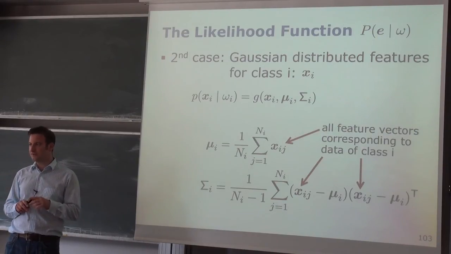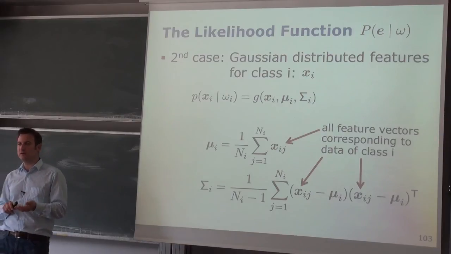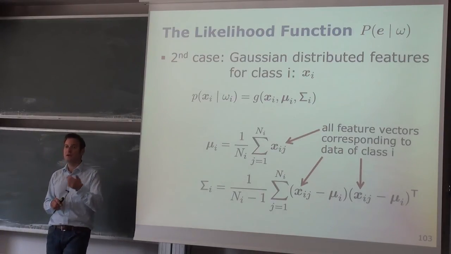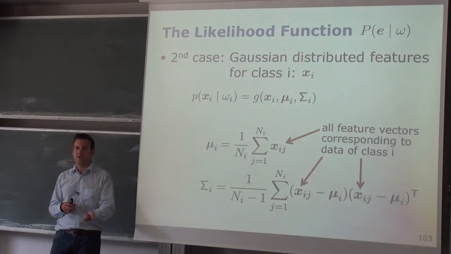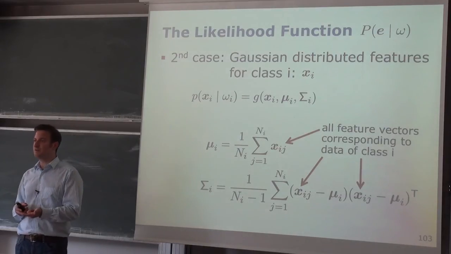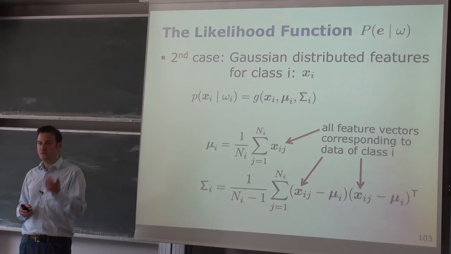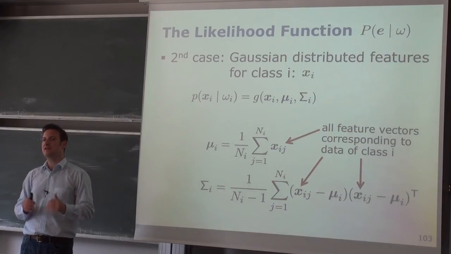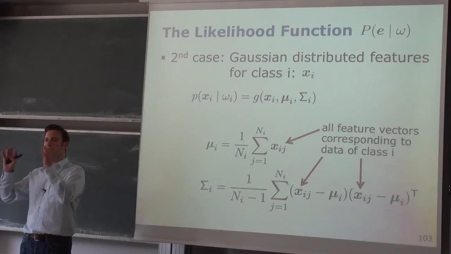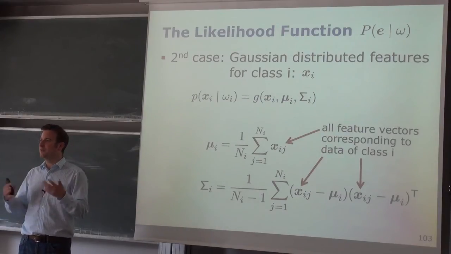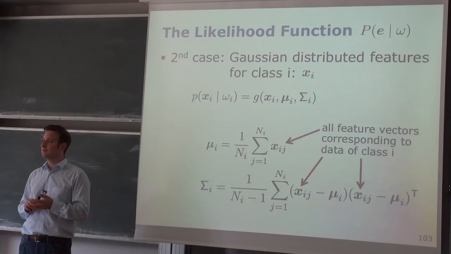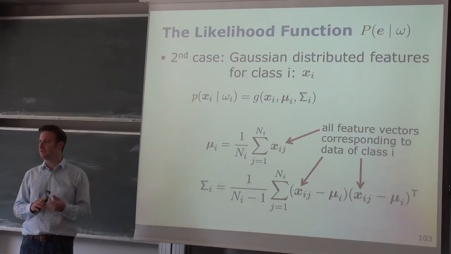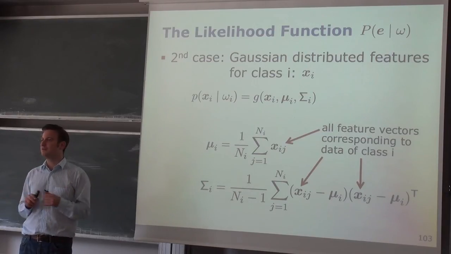So once I understood that framework, that everything boils down in maximum a posteriori classification, for the Gaussian case, to estimating the mean and the covariance matrix for the individual classes, I just need to separate my training data into those which belong to class 1 and those which belong to class 2, compute the mean and the covariance matrix, and that's it. Then I have my distribution, and the rest is easy.